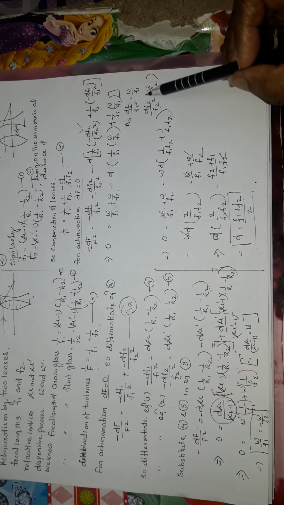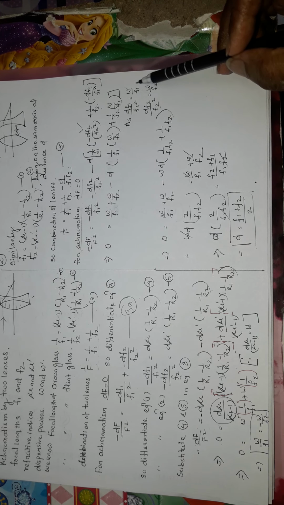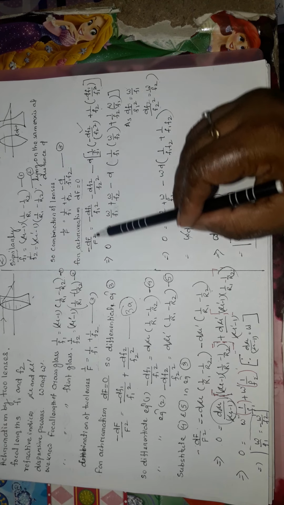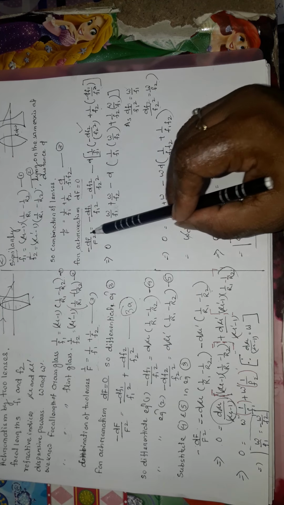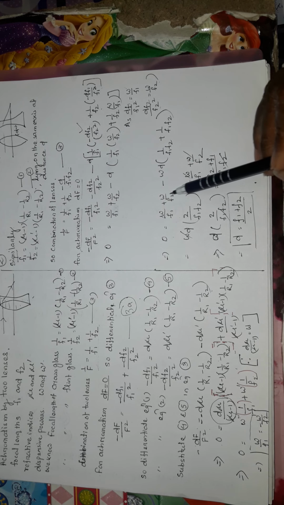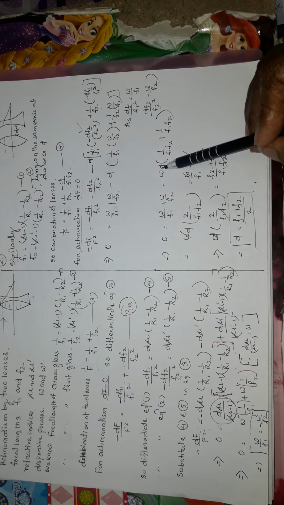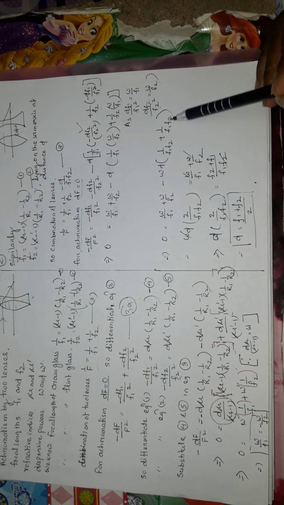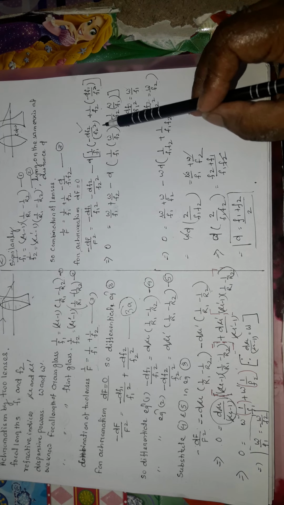So we can put omega by f1 or omega by f2 in these terms. The equation is 0 because for achromatism df equals 0: omega by f1 plus omega by f2 minus omega d times 1 by f1 f2 plus 1 by f1 f2, because omega is taken out.